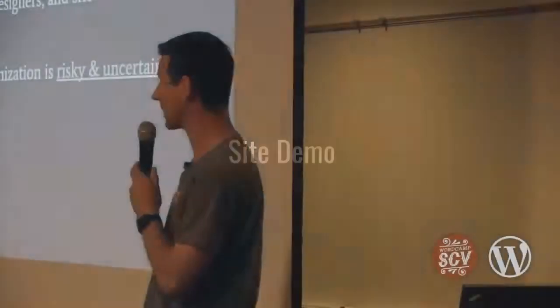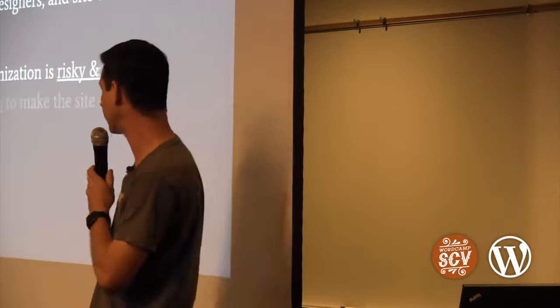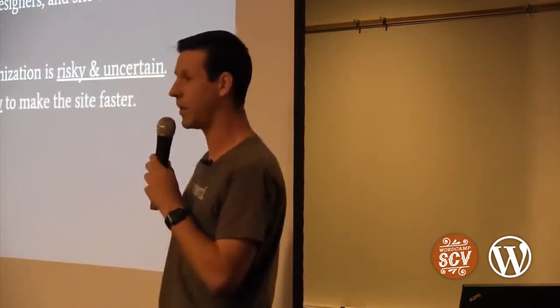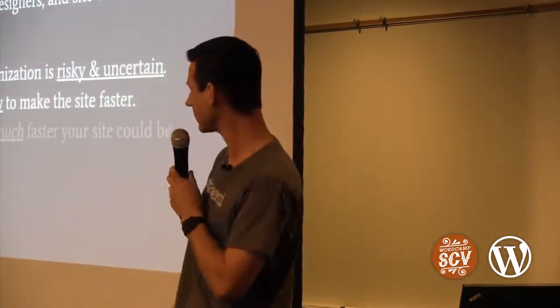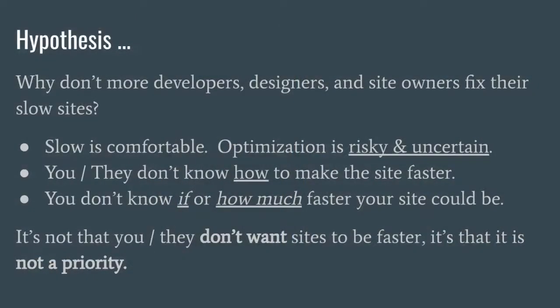All right. So why don't more developers, designers, and site owners fix slow sites? My hypothesis is that slow is comfortable and optimization is risky and uncertain. You or they don't know how to make a site faster. And you don't know if or how much faster your site could be. It's not that you don't want sites to be faster, it's just not a priority.